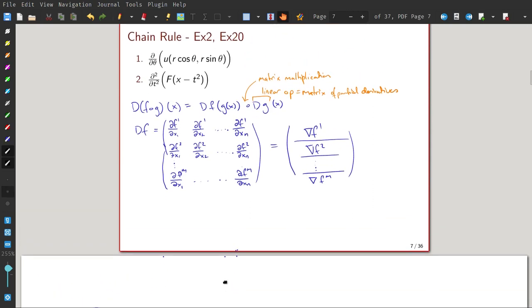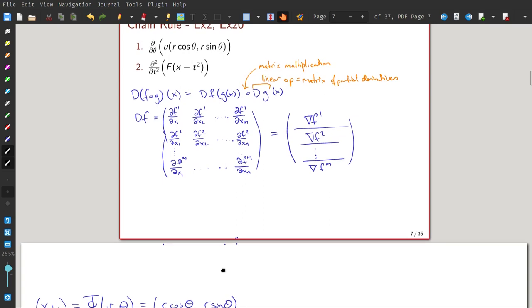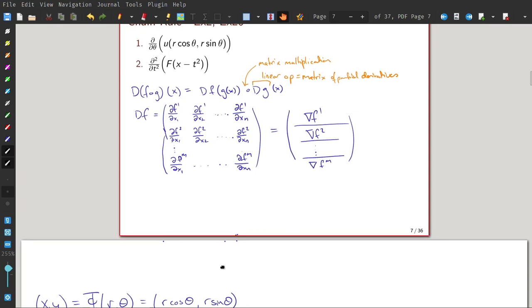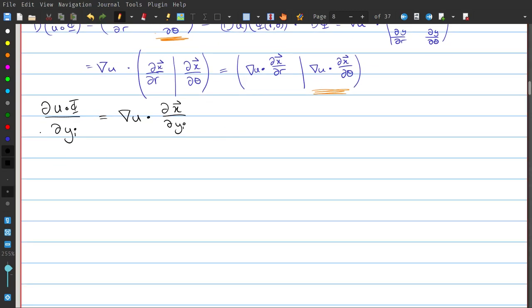So now that we have some formula, let's apply this in this particular case, to u with the polar coordinate transformation. So coming back, that's going to be u of r cos theta, r sine theta.